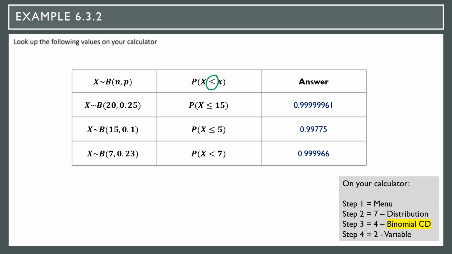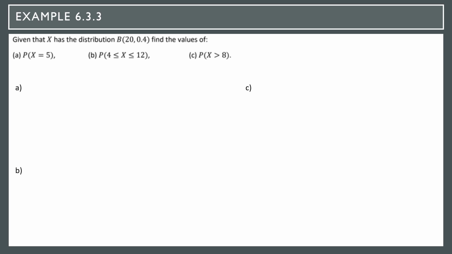So if we're looking at this final example, the probability that x is less than 7, we need to look up the probability that x is less than or equal to 6 if we want to use our cumulative probability function. Please can everybody pause the video and attempt example 6.3.3.